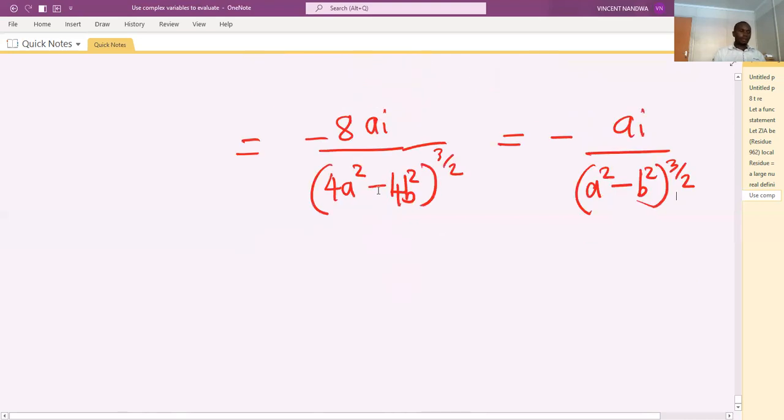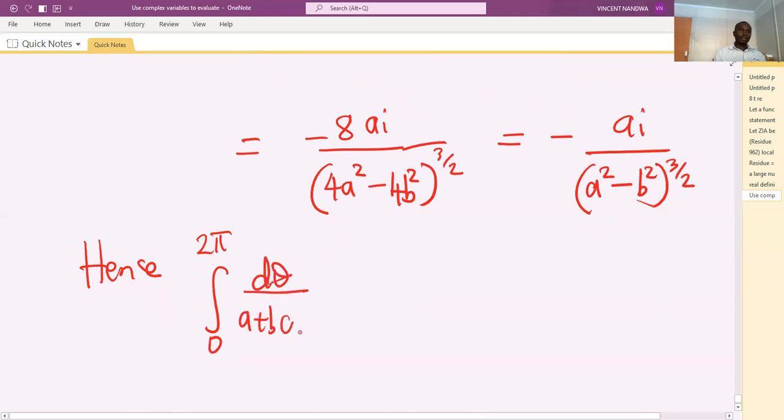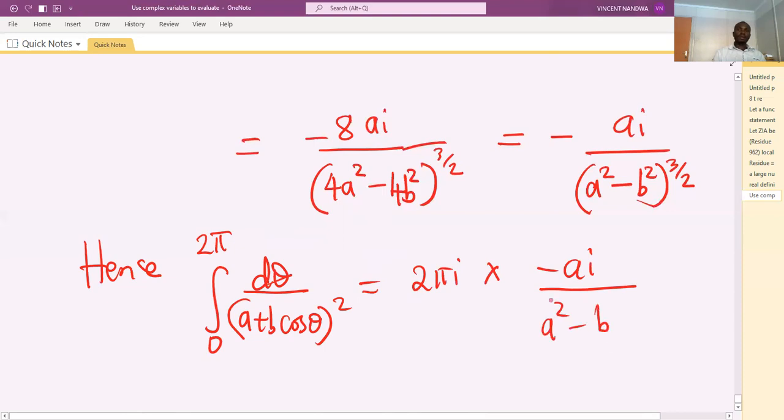Hence, by the residue theorem, the integral from 0 to 2 pi of d theta over a plus b cosine of theta raised to the power 2 is 2 pi i times negative ai over a squared minus b squared raised to the power 3 over 2.